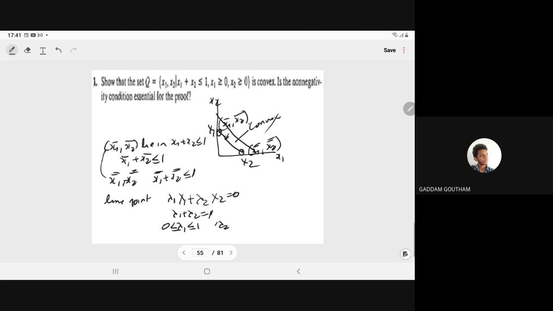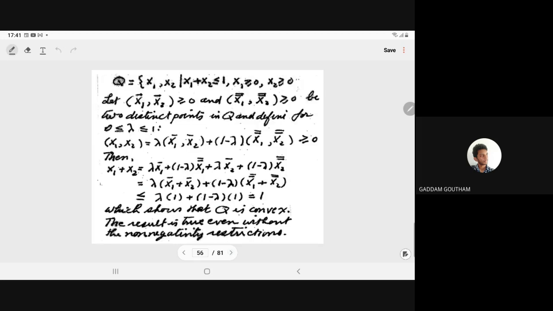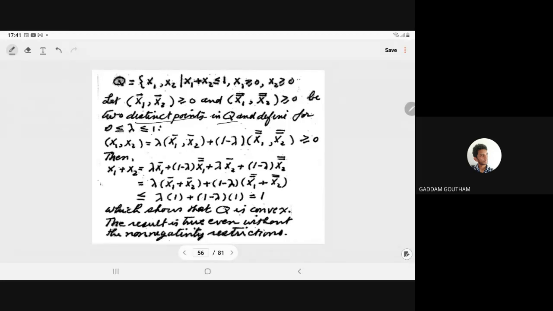Similarly lambda 2 also lies between 0 and 1. So here we see, let (x1 bar, x2 bar) and (x1 double bar, x2 double bar) with values greater than or equal to 0 be two distinct points in Q. So it satisfies the condition.